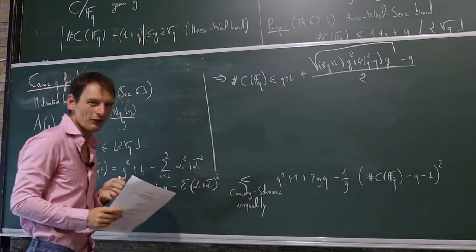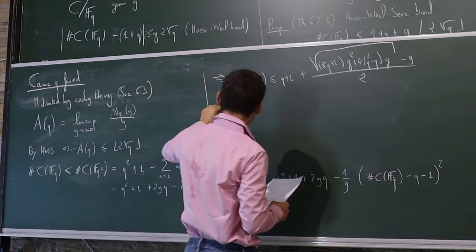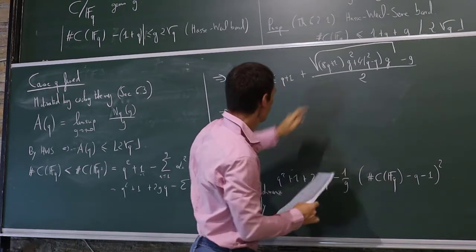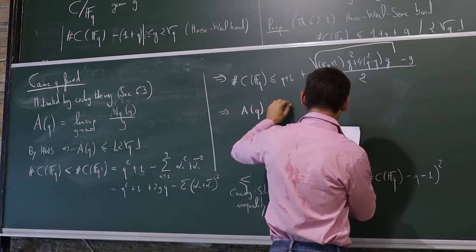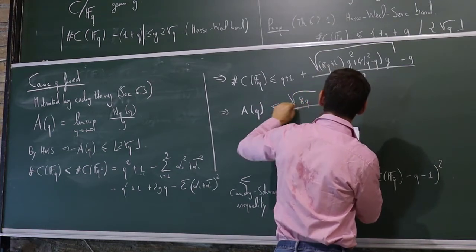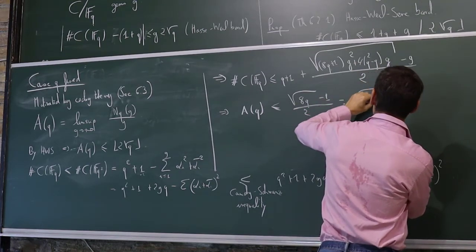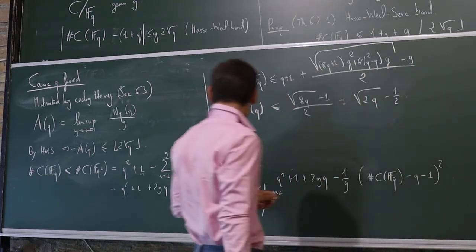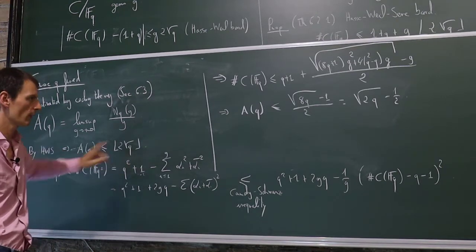It's not even clear that it is better than the Weil-Serre bound, but let's see, because if you take the limit, dividing now by g and letting g go to infinity, what you get is (square root of 8q plus 1, minus 1) over 2, which is about square root of 2q minus 1/2. And indeed, this is better than this bound.